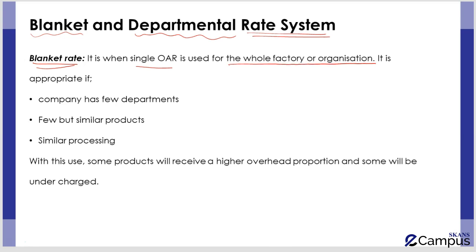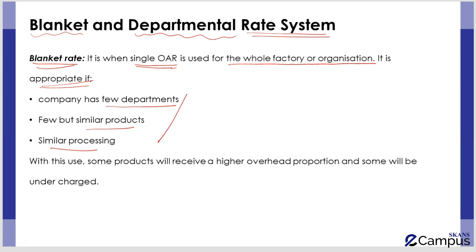It means all departments will absorb their overhead cost on a single OAR rate. It is appropriate if the company has fewer departments, fewer but similar products, and similar processing.